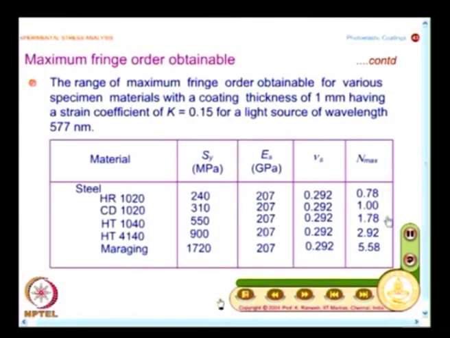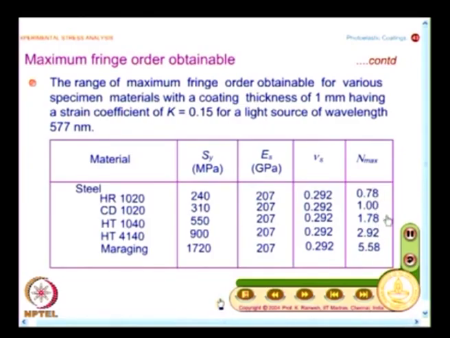And in the case of common materials, the fringe orders obtainable are very small, and mind you, this is when the specimen material yields, and we will never load in actual service condition to the extent of yielding. So, we will operate much below this.